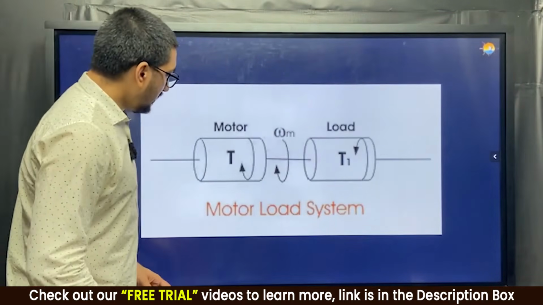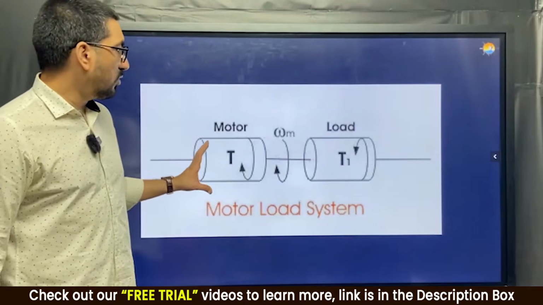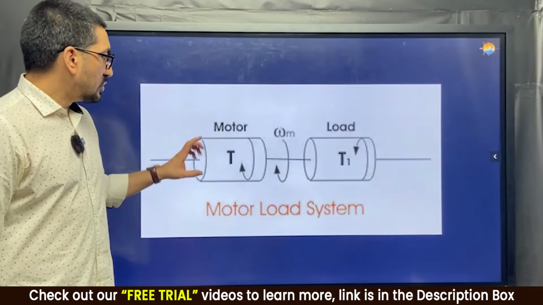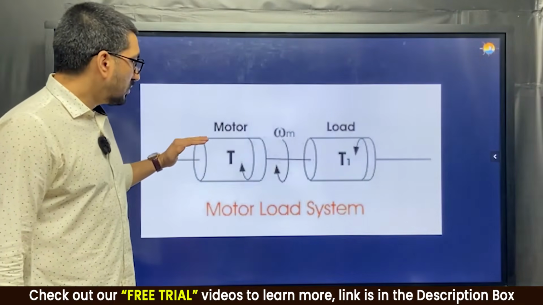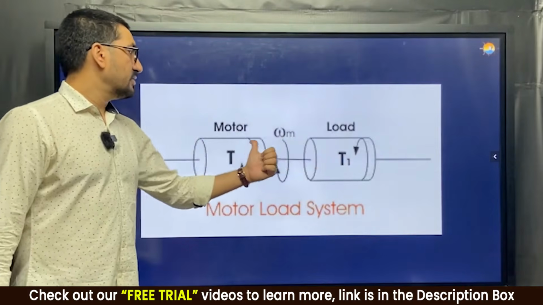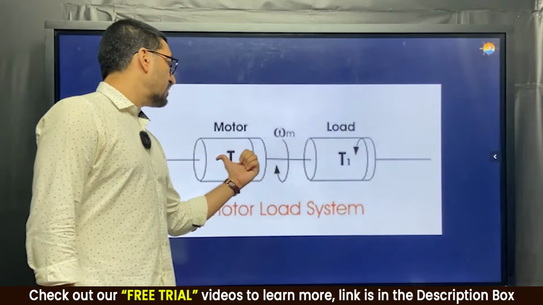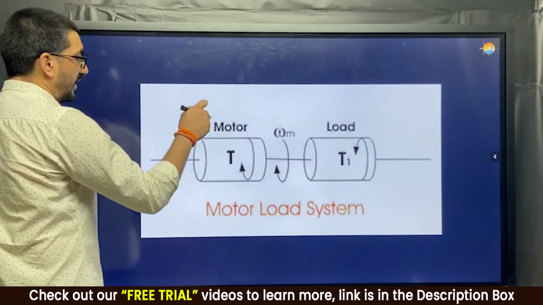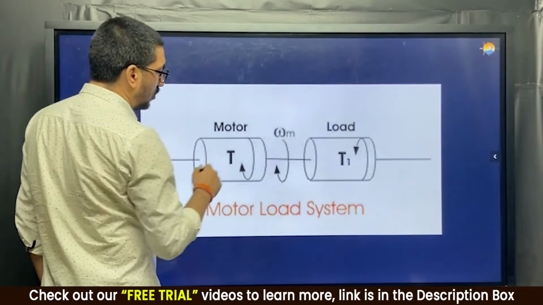Okay, one more thing we can discuss is that the motor is driving a load. This load could be a pump. So the motor is trying to provide some torque to the load, and the load also puts some torque onto the motor. So the load is trying to stop the motor and the motor is trying to run the load.